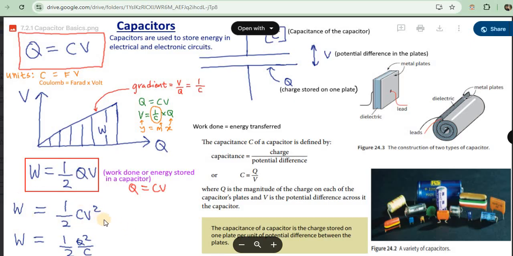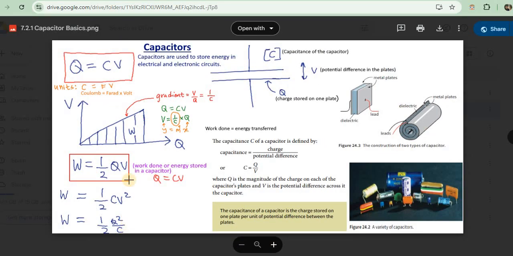This second equation doesn't have Q, but it has the other two parameters, C and V. The first one doesn't have C. Then the last equation here, if you substitute for V, see, V is equal to Q over C, we get half Q squared over C. So this is what you get.